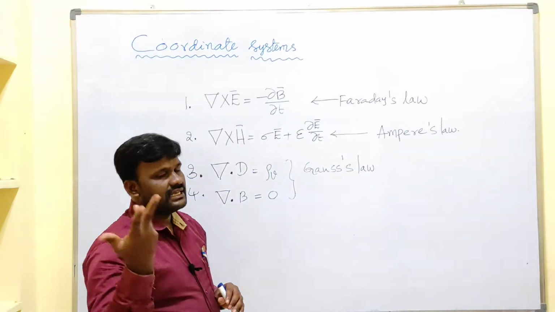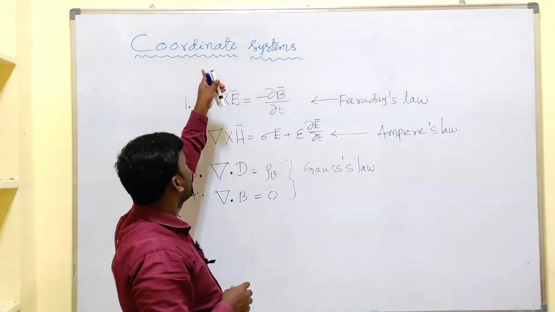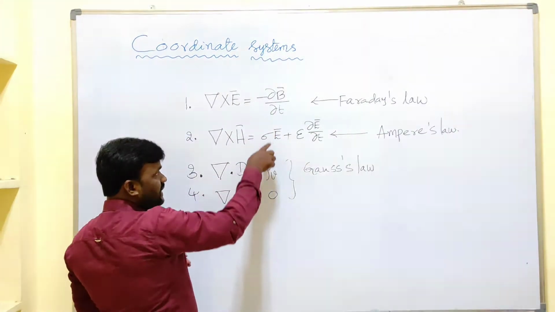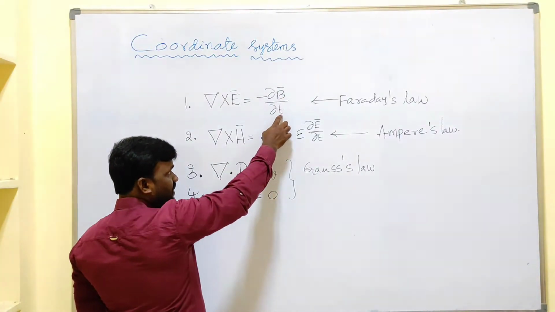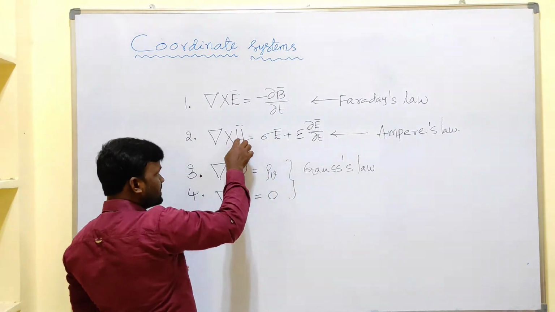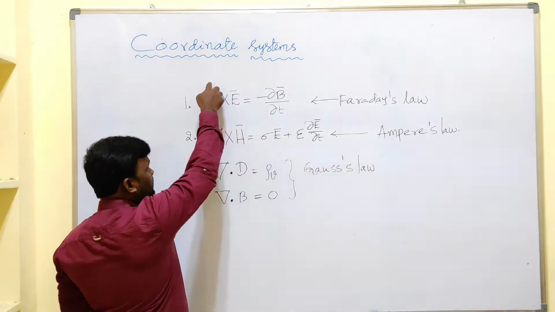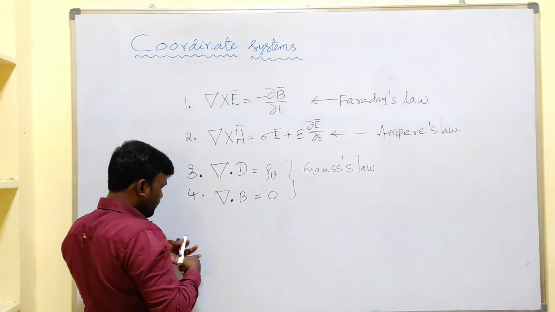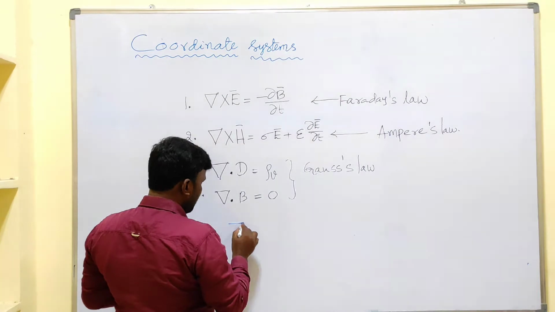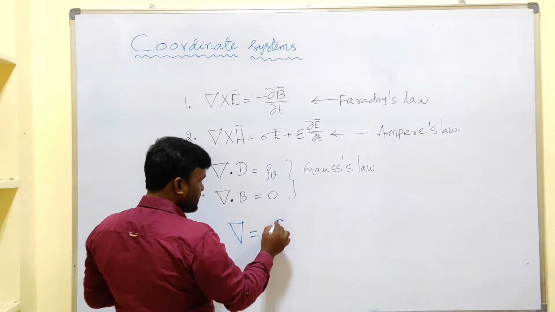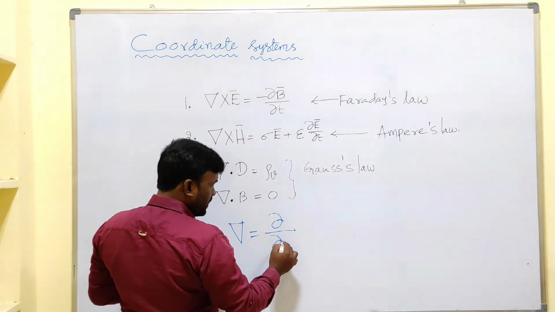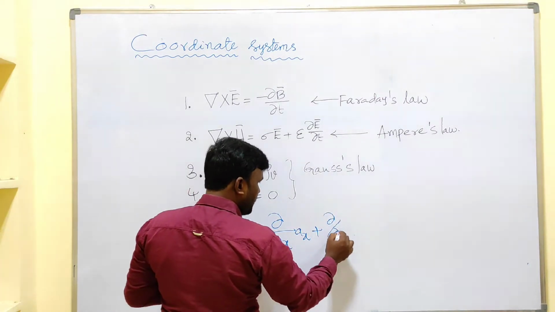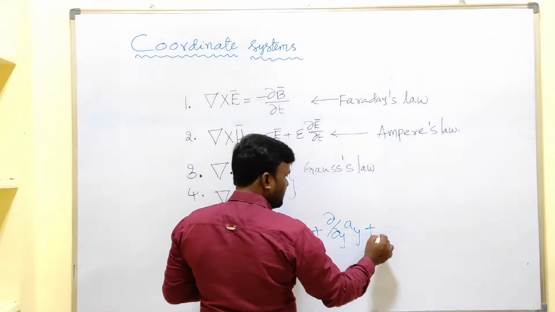Now, what is the importance of these coordinate systems? Basically, if you see here, this quantity is varied with respect to time, whereas these E, H, D, B are varied with respect to what? Here we have one common quantity, that is nothing but del. Basically, the del function or nabla operator for the Cartesian coordinate system is dou by dou x ax plus dou by dou y ay plus dou by dou z az.